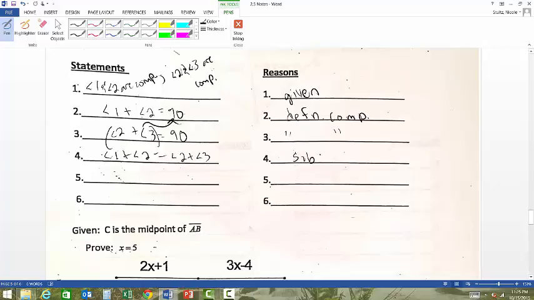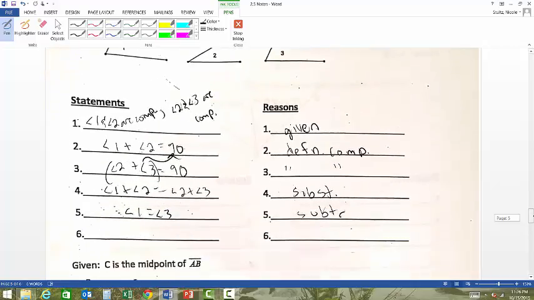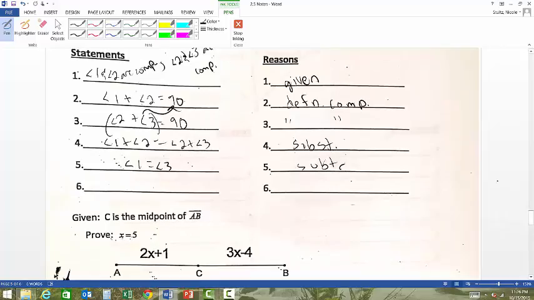And that was substitution. I now subtract off my angle 2 and I get angle 1 equals angle 3 by subtraction property. That's what I was asked to prove, so I know I'm done. So it looks like, again, I didn't need this last step here, so we'll just cross that out.